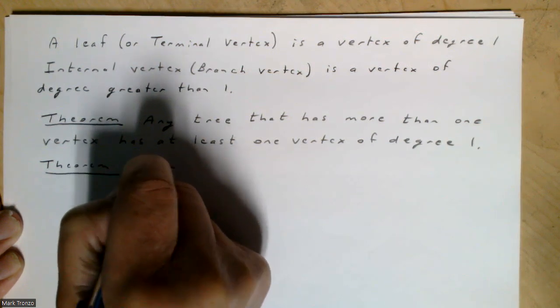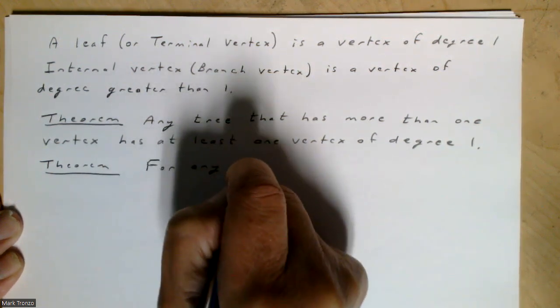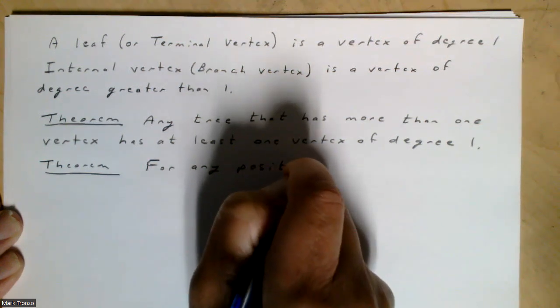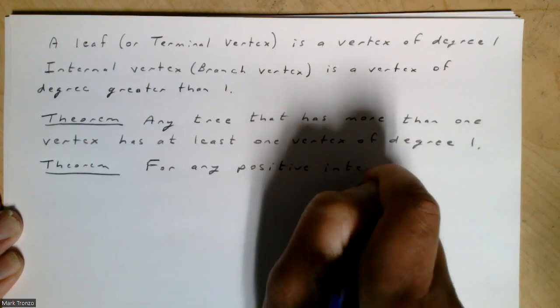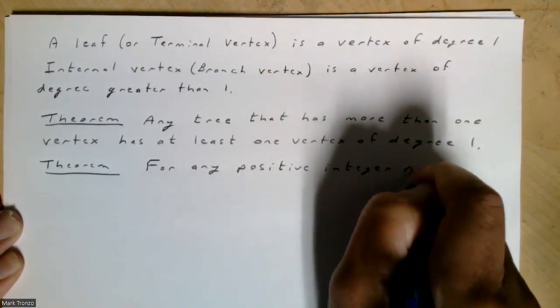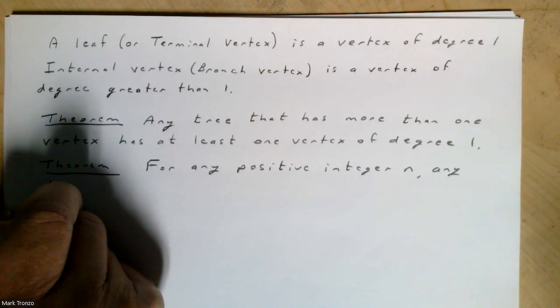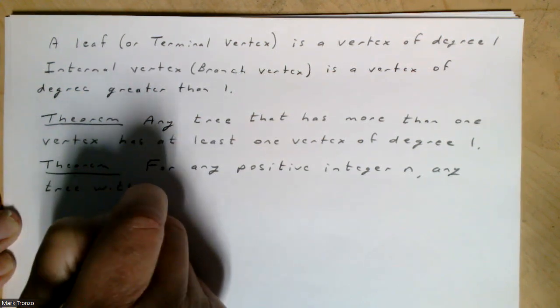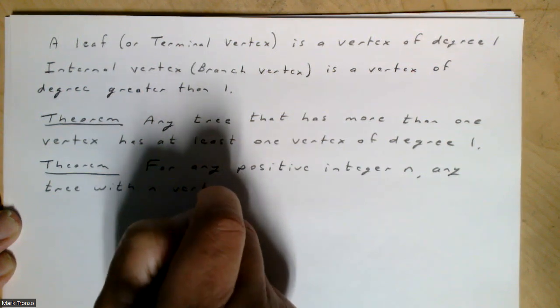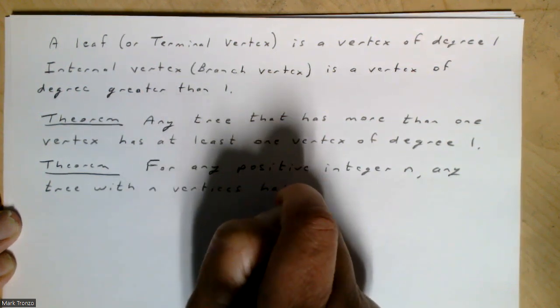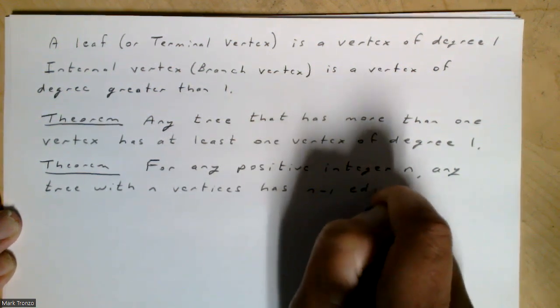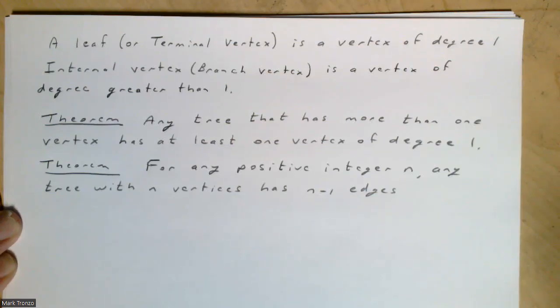For any positive integer n, any tree with n vertices has n minus 1 edges.